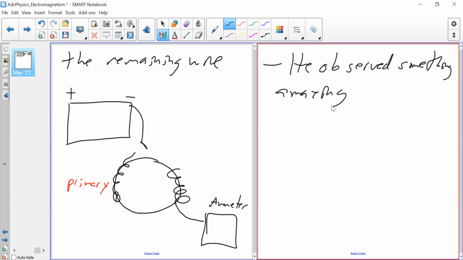The closed switch in the primary registered a current in the secondary. So we have current flowing through the secondary wire. And there was a readout on the ammeter, but then it quickly went to 0.